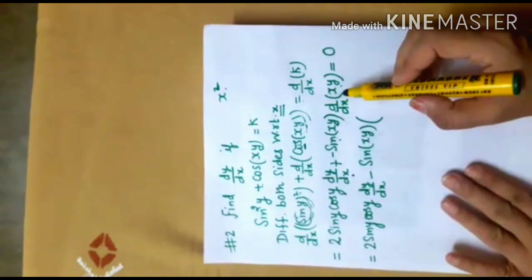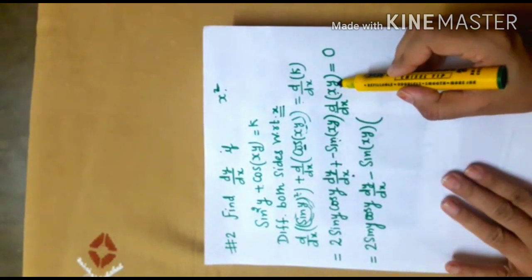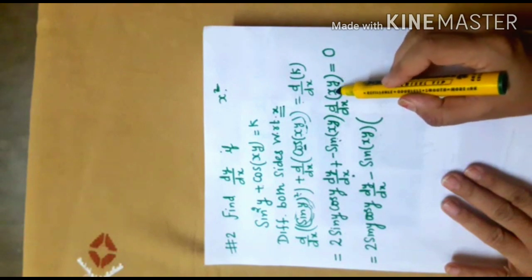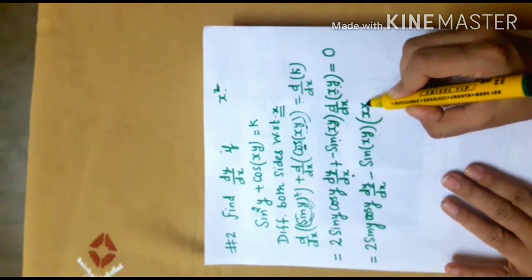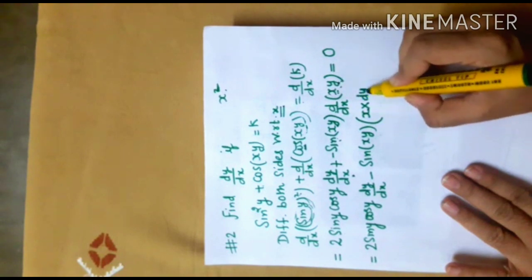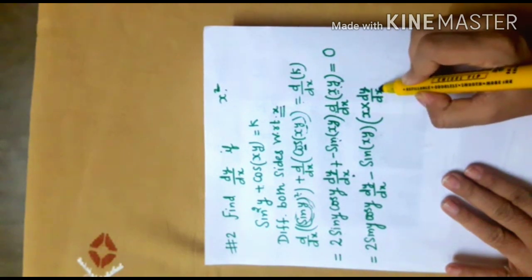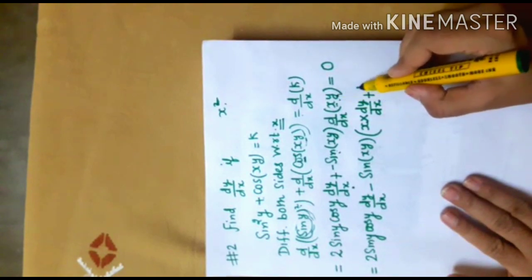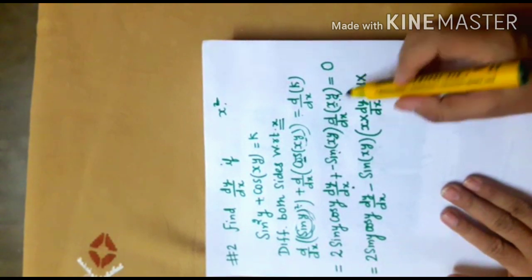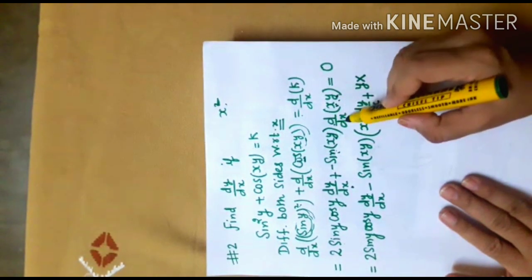Now here I have to differentiate xy, so I'll apply the product rule. First function, that is x, into derivative of the second, that is dy by dx, plus second function, that is y, into derivative of first with respect to x.